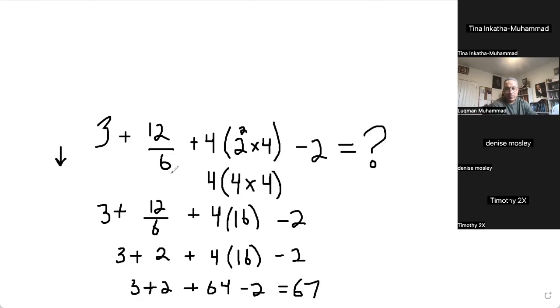Okay. So when you're doing PEMDAS, you're going through the PEMDAS and you're going from left to right. Now was that easy?